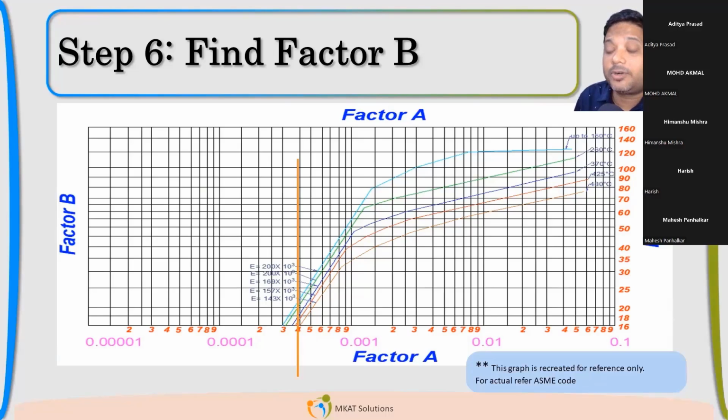Whenever this vertical line touches the temperature line, at that point I'll draw a horizontal line. This horizontal line will indicate the factor B value.